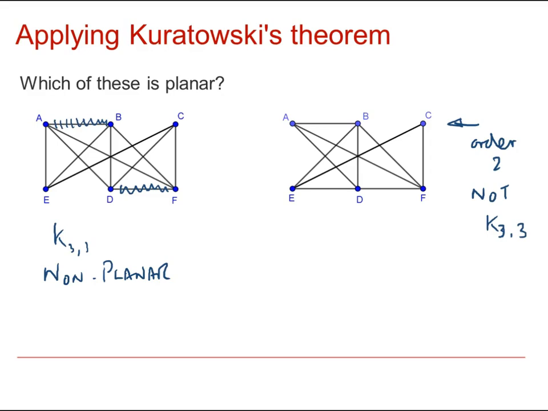Well, for K5 we'd have to have 5 nodes of order 4, and we can see that E and A are order 3, and therefore K5 is not contained in that. So if we haven't got K3,3 or K5 contained in the graph, therefore it must be planar.